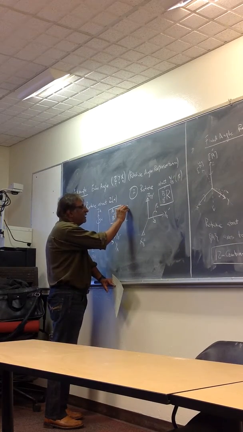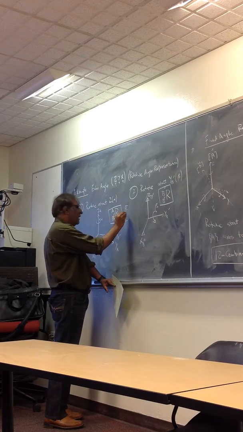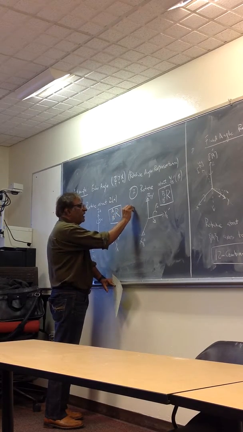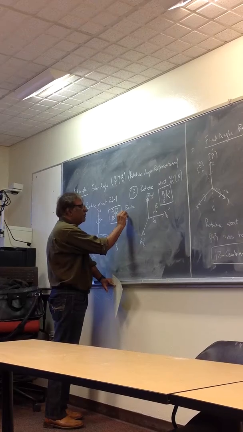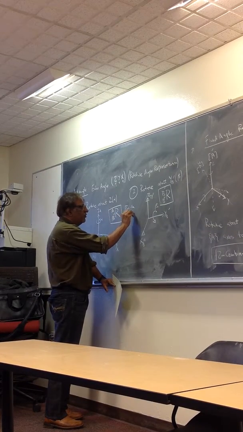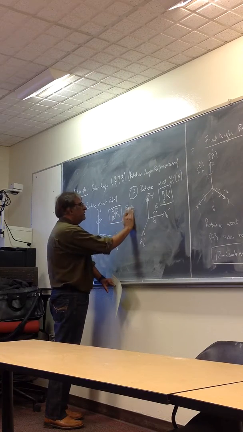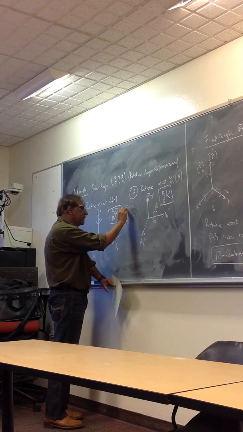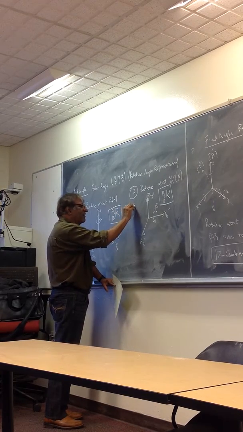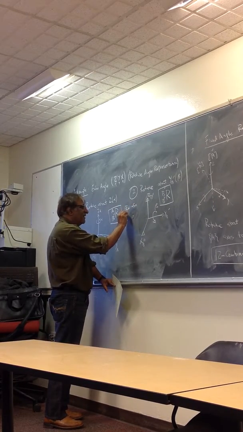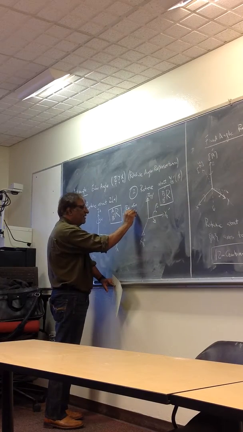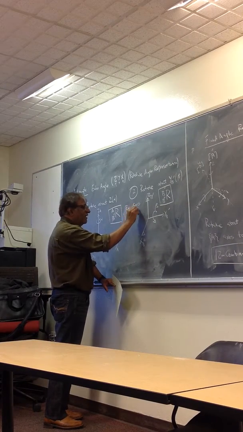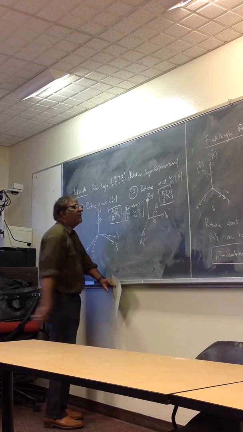This would be cosine alpha, minus sine alpha, sine alpha, cosine alpha, 0, 0. Sorry. Why didn't anybody correct me? That's right. It is right.